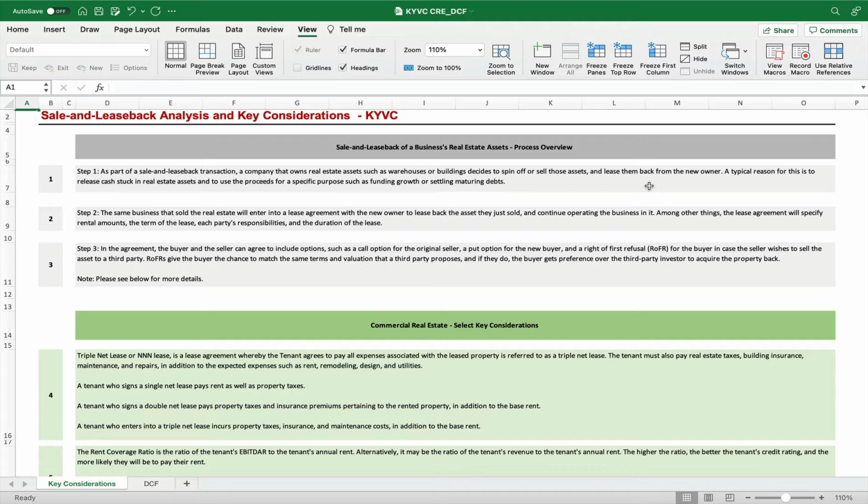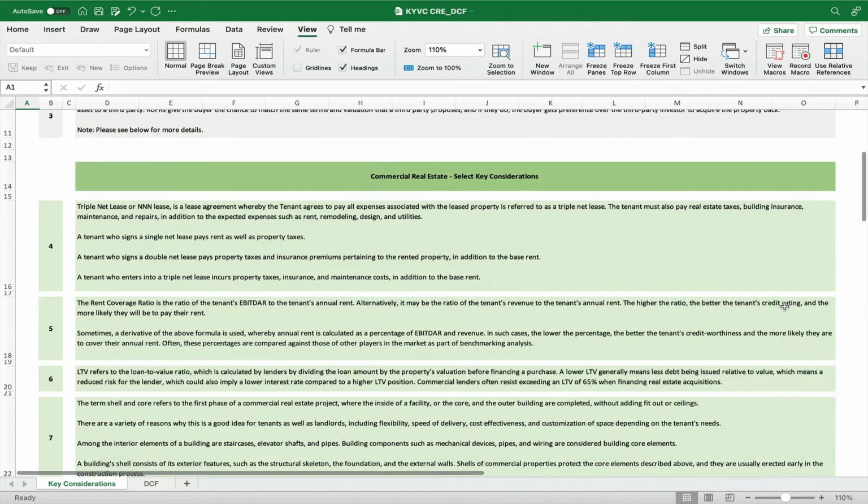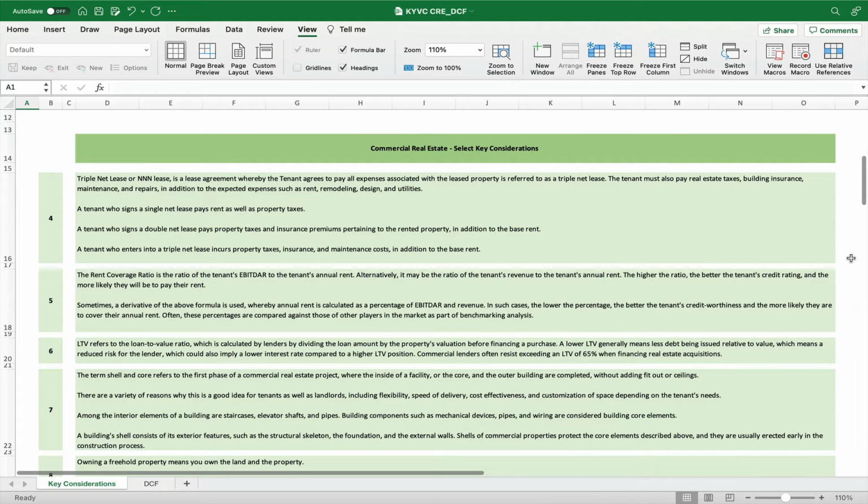So let's look at the key considerations within the commercial real estate space, just so that we can give you a taste of what are the most prevalent themes in that space. So the first one is something we call a triple net lease. And the triple net lease is an agreement whereby the tenant, not the landlord, has to pay all the expenses associated with the leased property.